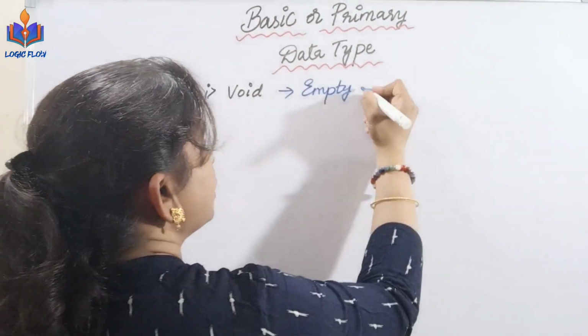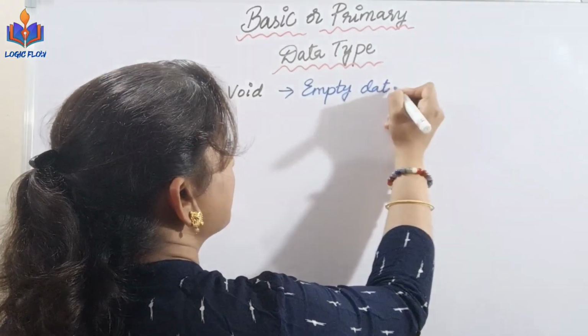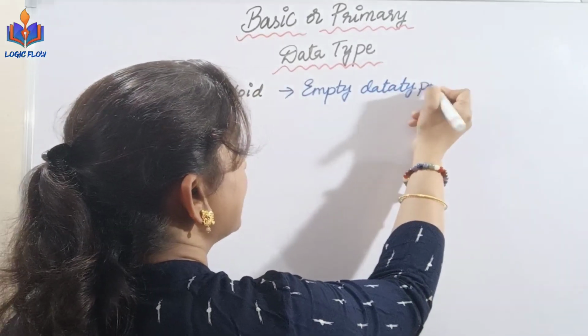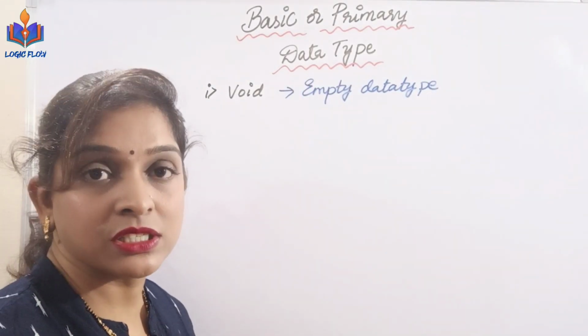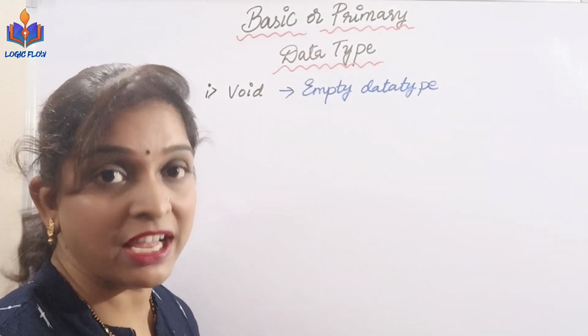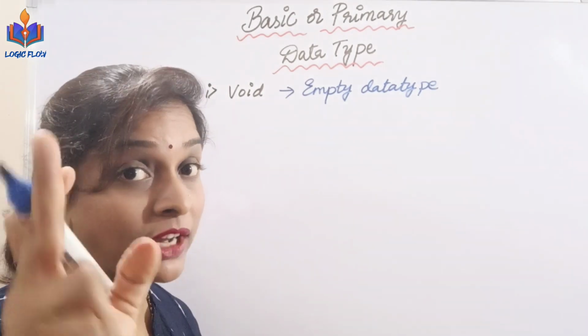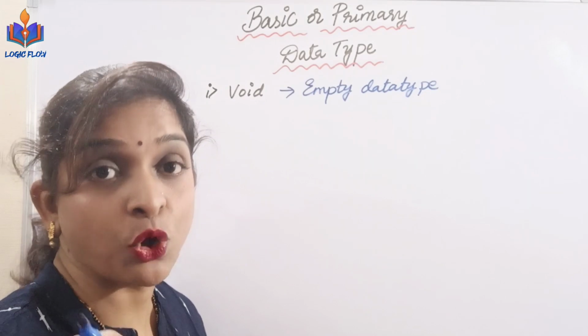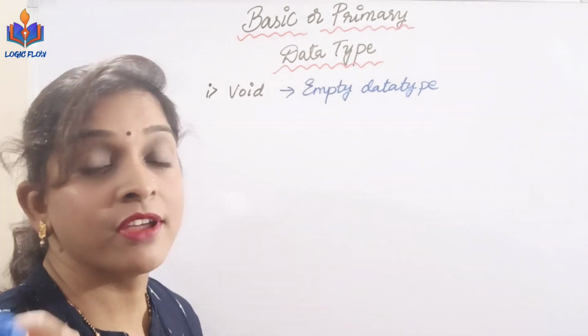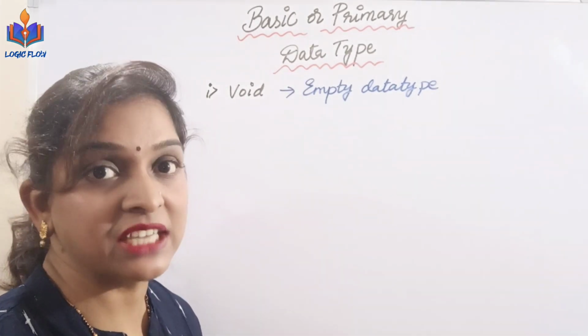We use this empty data type usually with functions just to represent that it is not returning any values. We also use void in main. So we say void main, saying that the main function is not returning any type of values. So it is an empty data type.